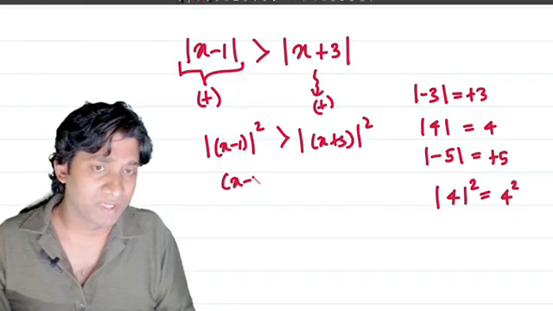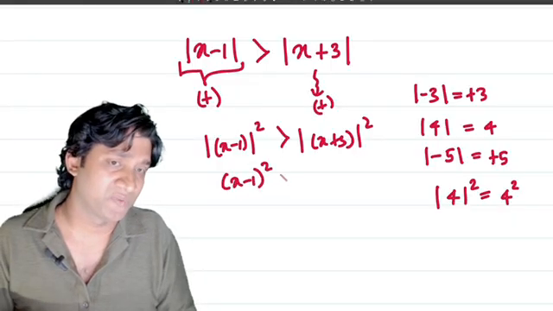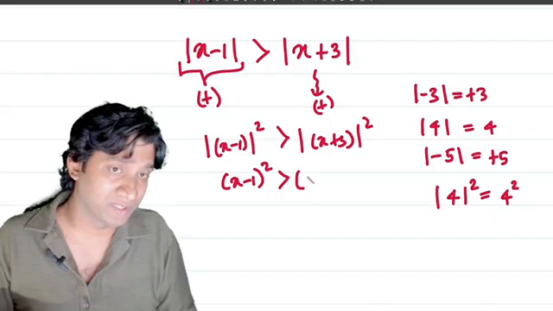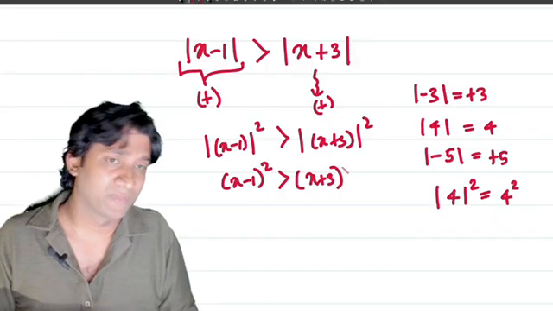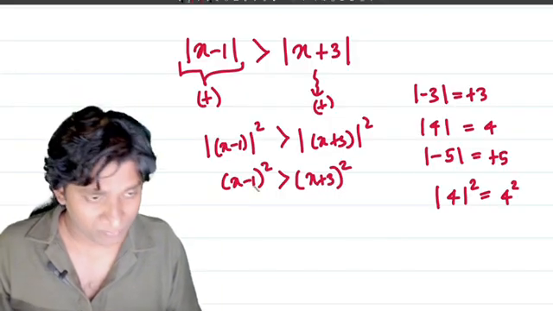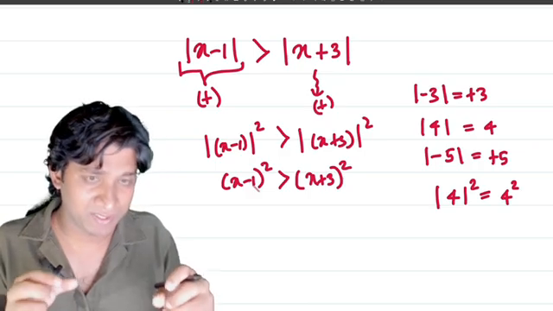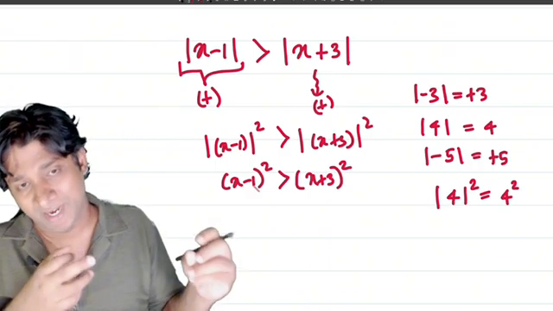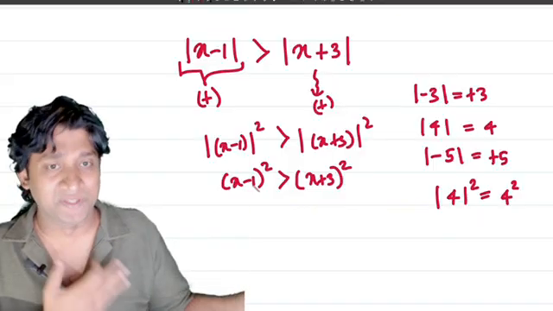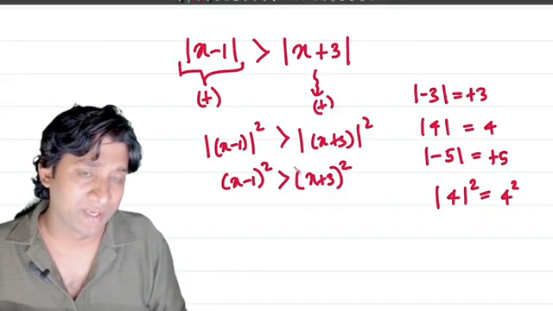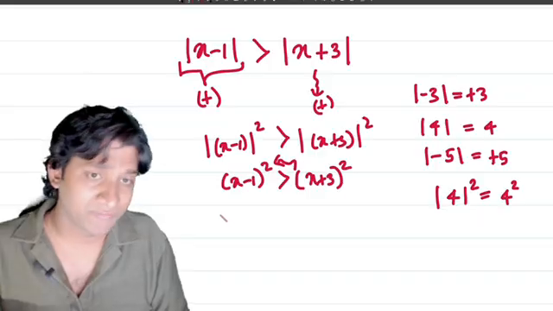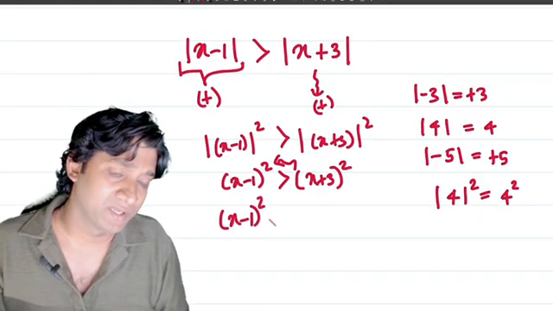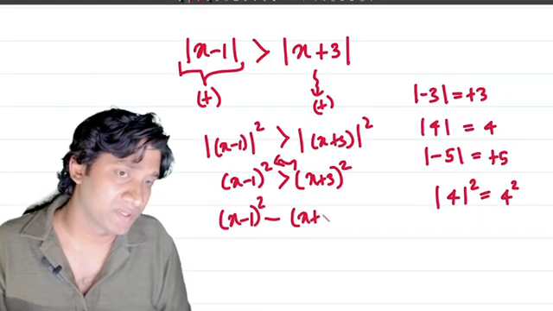Then we can consider (x - 1) to the power 2 greater than (x + 3) to the power 2. This is a basic inequality that does not have any modulus. Then we can bring this one to the left, and we can see a difference of squares.